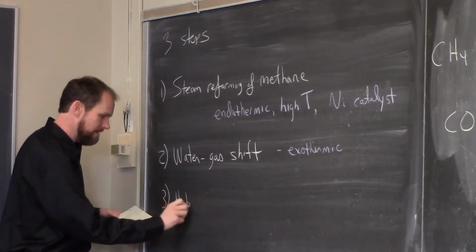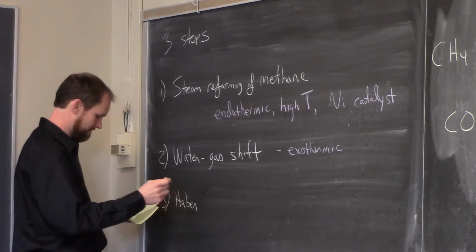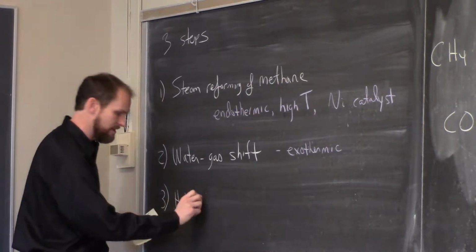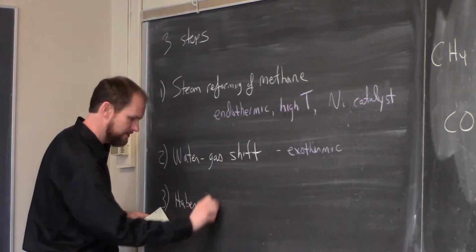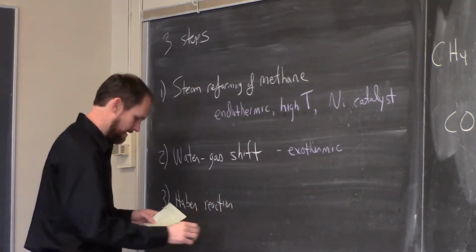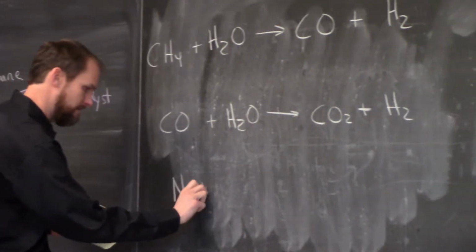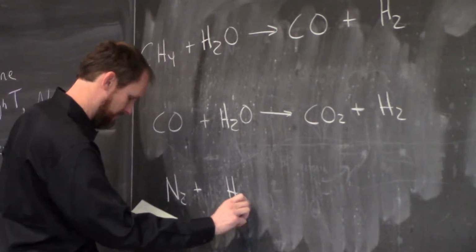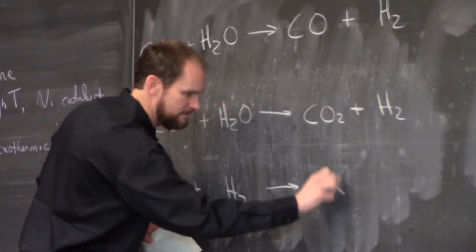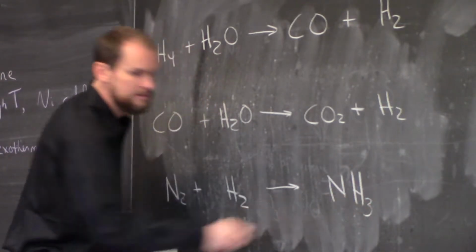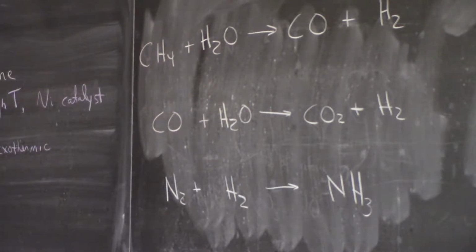And the third is called the Haber, I call the whole thing Haber process, it's the Haber reaction. And we're going to take nitrogen now, add hydrogen, and take it straight to NH3. Put those two atoms together.